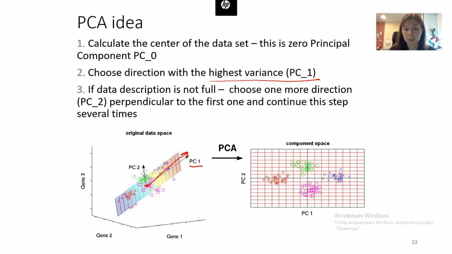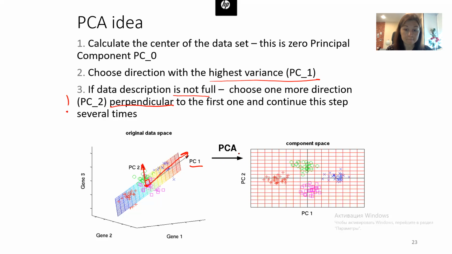If the data description is not full, you remember that we need to do some transformation but save information. If the data description is not full and we need more directions, choose one or more directions, PC2, PC3, and so on, perpendicular. It's important, actually, perpendicular to the first one, and continue this step several times. So the number of times is equal to the number of features. And you select PC2, which is perpendicular to your direction.